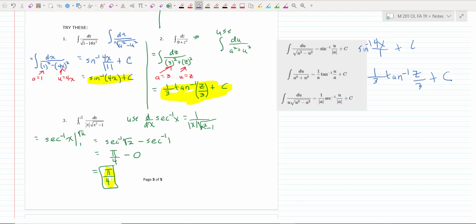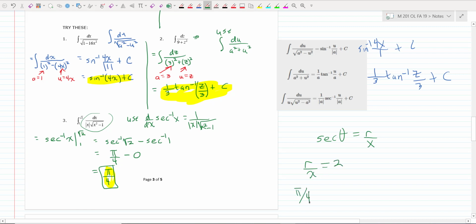Okay, and finally the last one, I know the antiderivative is the inverse secant. Fundamental theorem, I do inverse secant of square root of 2 minus inverse secant of 1. That gives pi over 4 minus 0. And what I know about the secant of theta, that is r over x. So you're really looking at where is r over x equal to square root of 2 on a unit circle.